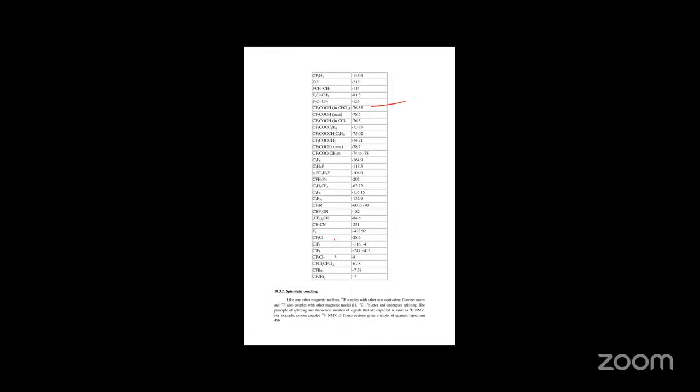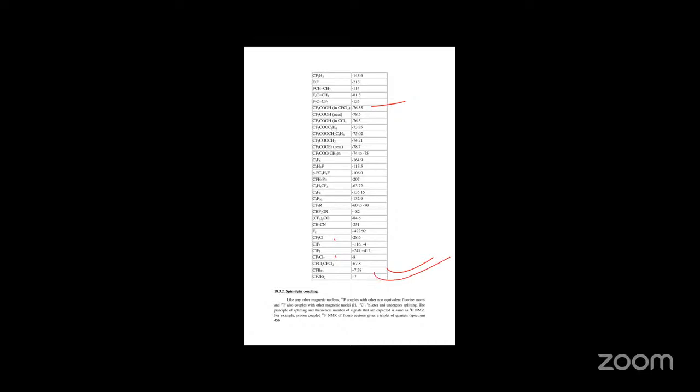So these are the values you can see. And the interhalogens, like fluorine with two bromines, its value is plus 7.38, and the two bromines with the two fluorines, its value is plus 7.